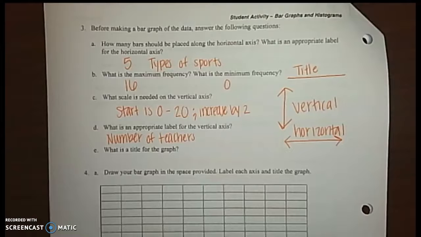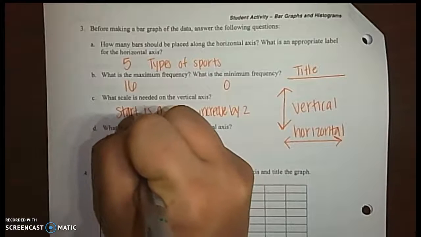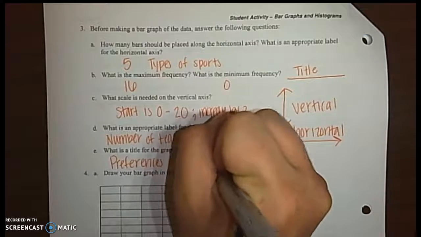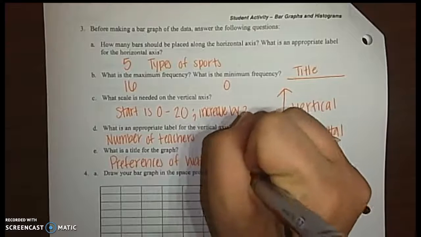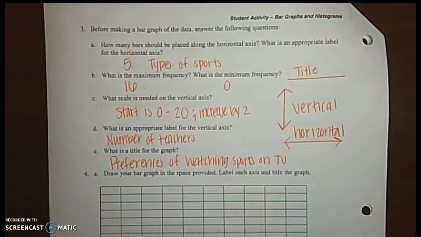We know these are preferences of different sports being watched on TV, so that is what I'm going to title my graph: Preferences of watching sports on TV. Because that sums up what my vertical and horizontal axes are saying.